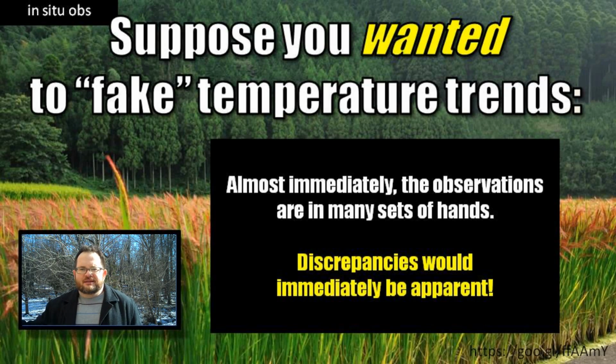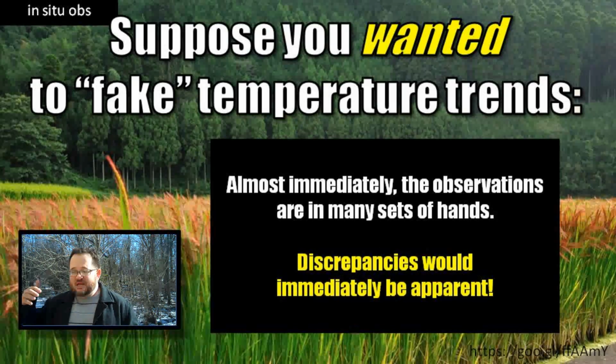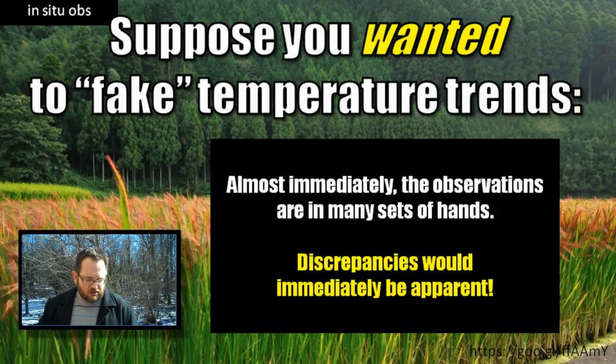But almost immediately it would be caught, because the observations being stored at the National Climate Data Center in Asheville, North Carolina wouldn't match the ones being stored by the Bureau of Meteorology in Melbourne, Australia, or the ones in Tokyo, or the ones being stored in Moscow. We would very quickly catch that there is something going on here. Somebody is adding to the temperatures to impose a climate change that wasn't real. These kinds of discrepancies would become immediately apparent.